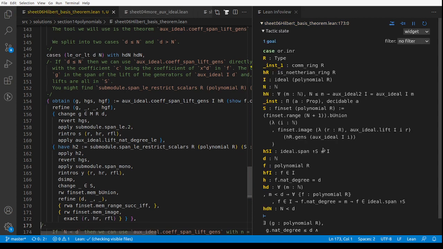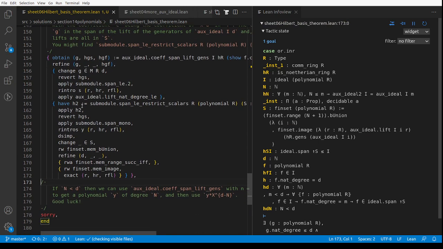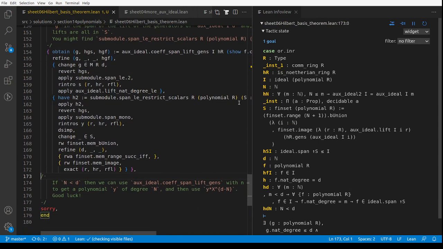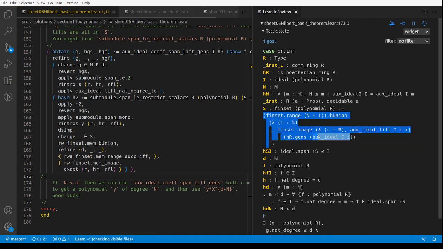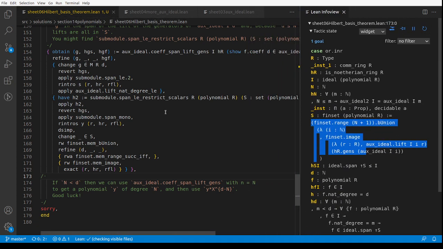So that's the case n less than or equal to D, and this proof will be very similar. So if D is bigger than N, sorry, that was the proof D less than or equal to N. If D is bigger than N, then I want to use this thing here.